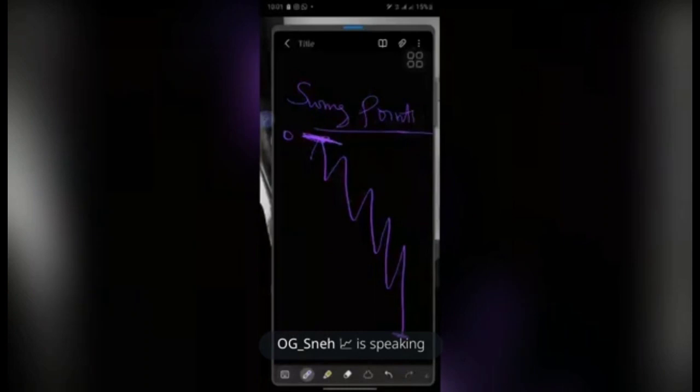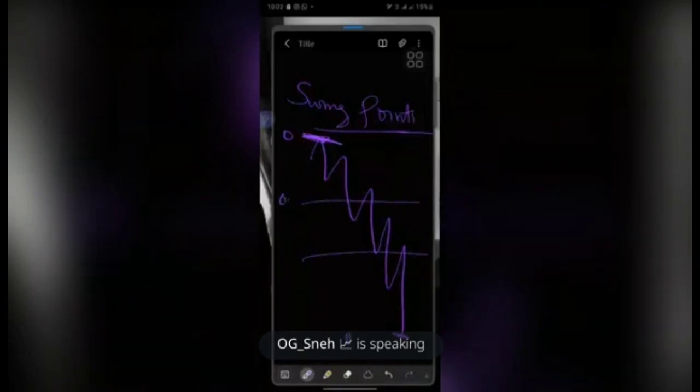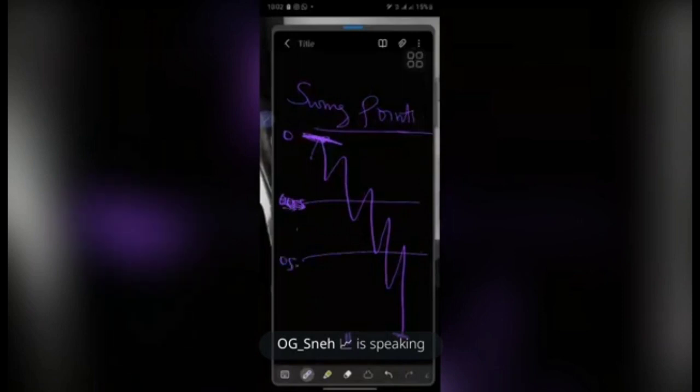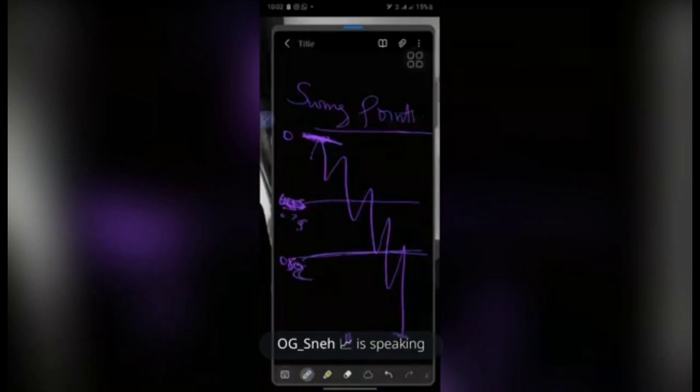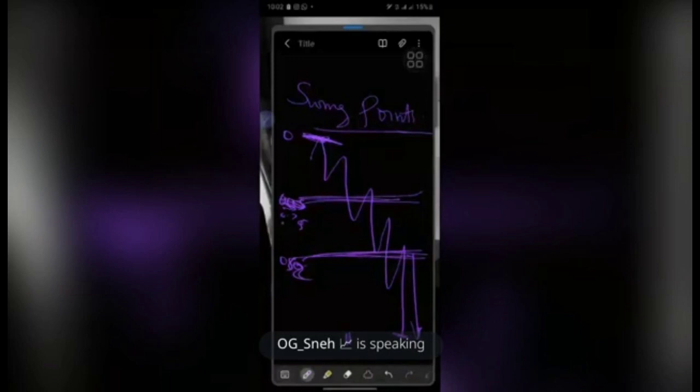So you look for the 0.62 level and the 0.705 level. You enter the market here for you to short the market. Then you place your stop loss slightly above the 0.705 level. That's that about that.